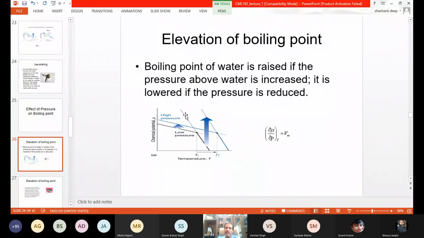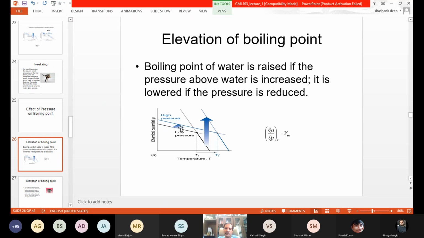Same thing, now we are drawing. Right, now we will look at just the effect of pressure. So suppose this is a liquid and this is the gas. Right, liquid volume will decrease at a smaller rate in comparison to gas, and gas is always, there are no exceptions here, going to have more volume in comparison to liquid.